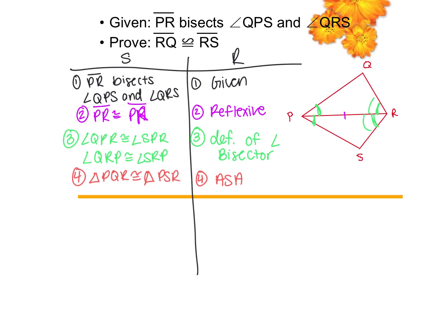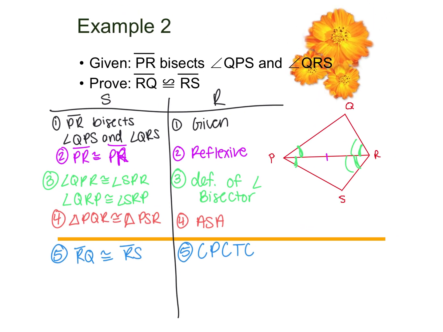They're asking me to prove side RQ is congruent to side RS. And because I know both triangles are congruent and they're specifically asking me for RQ and RS, I'm going to write it as corresponding parts of congruent triangles are congruent. CPCTC. Okay, so are we kind of getting the hang of how to do this?